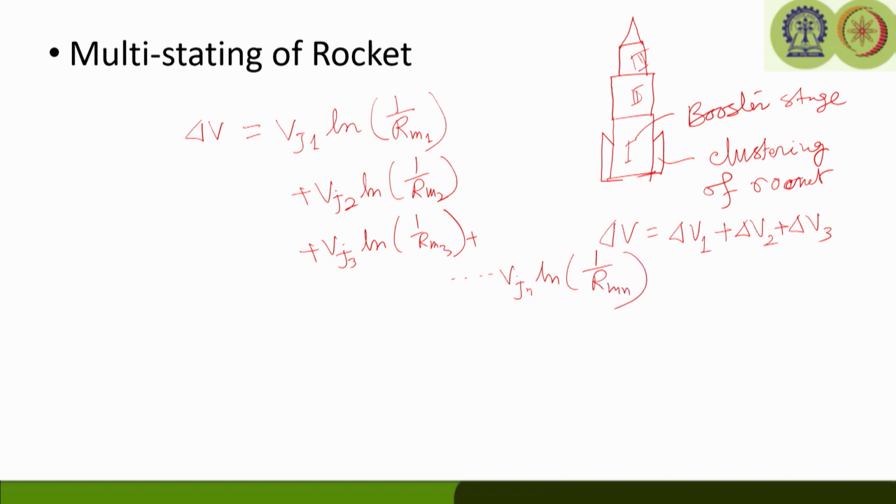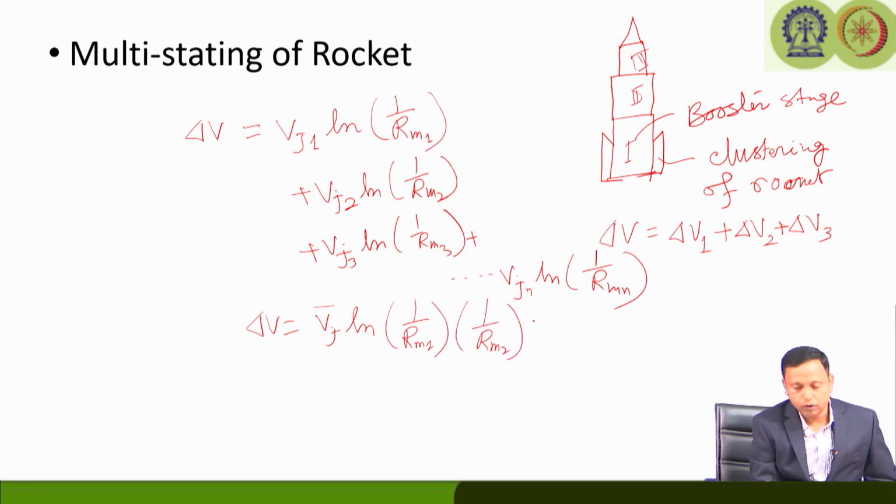One can simplify it by considering the efflux velocities V j 1 equal to V j 2 equal to V j 3 equal to V j n equal to an average V j, and one can write this as average efflux velocity times ln 1 by R m 1 into R m 2 and so on, up to R m n.